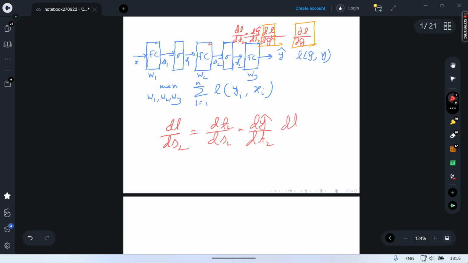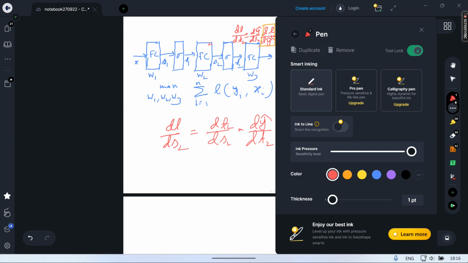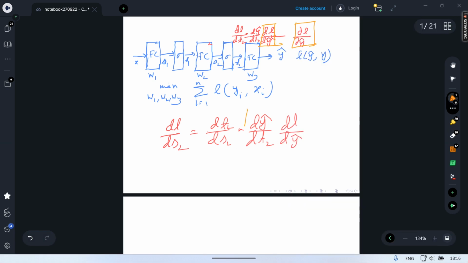multiplied by dL/dy-hat. So the derivative of the previous layer is nothing but this part, the derivative of dL by dt, and again you multiply this quantity with another quantity to get the derivative with respect to the previous layer.